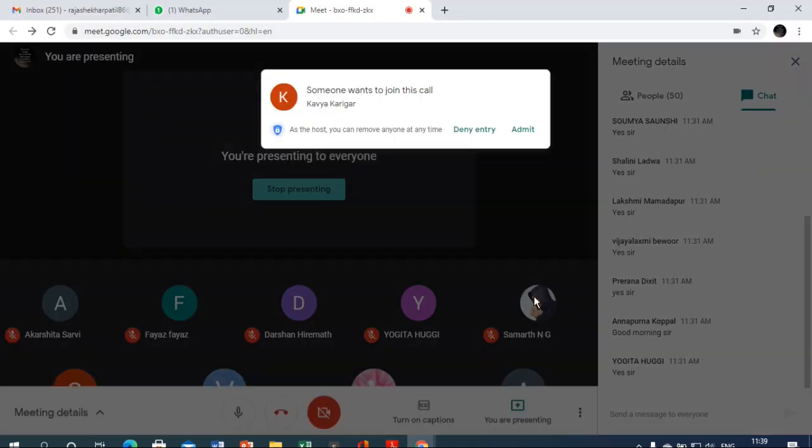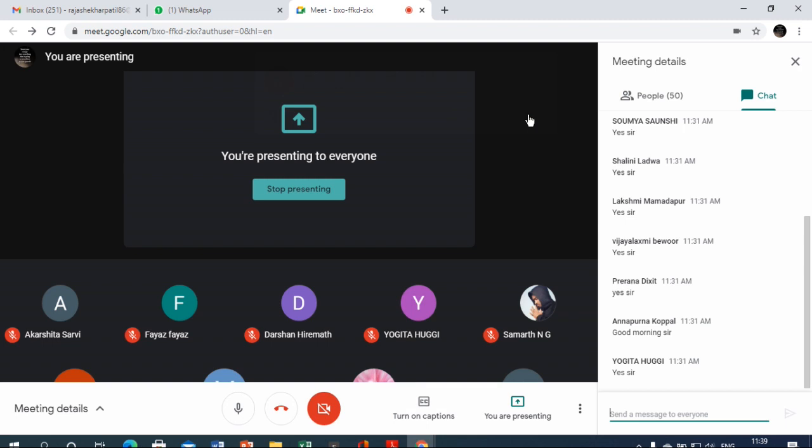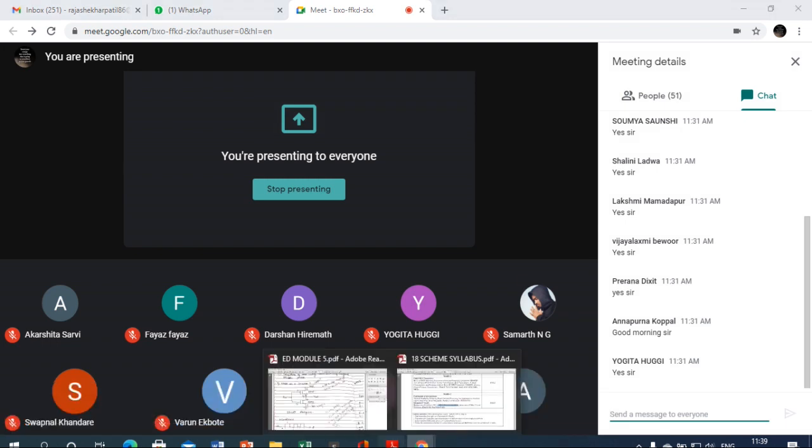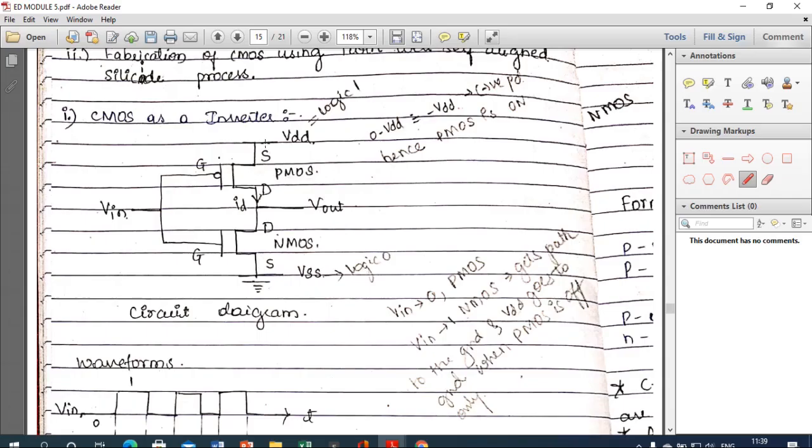The importance of PMOS is that it allows us to transmit a strong logic 1 from source to the drain. It allows logic 1 to the output side, where VDD here is logic 1. In analog we call it plus 5 volts. So it allows logic 1 from source to drain only when the gate terminal gets logic 0.